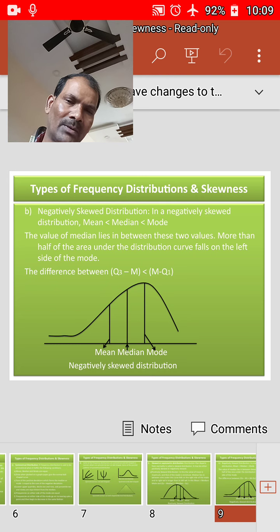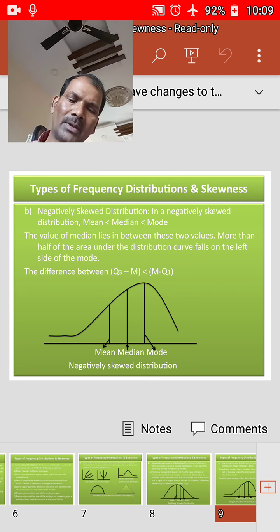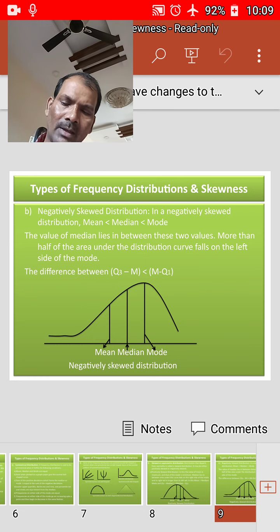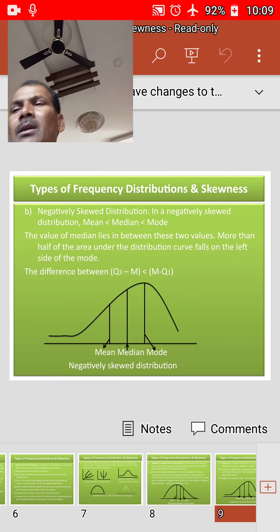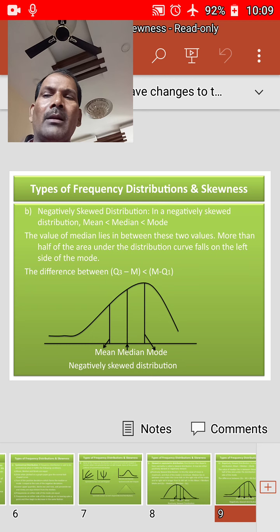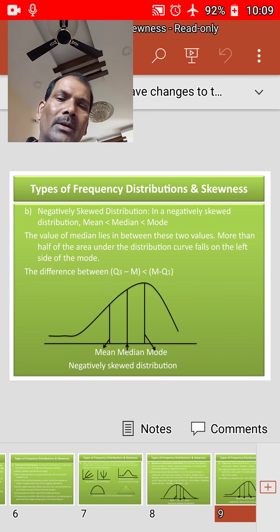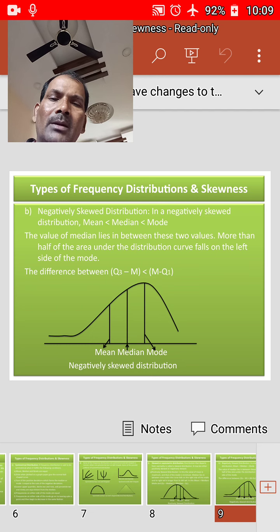Reverse to the positively skewed distribution, the area covered on the left side of the mode is more here, whereas in a positively skewed distribution the area on the right side of the mode is more, right? Thus the excess tail is on the left side of the curve. If you see, the tail extends to the left side of the curve.